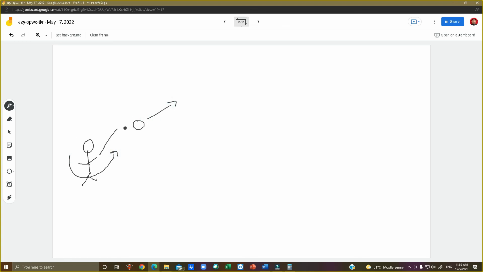A softball is struck by a bat 46 cm away from the axis of rotation. Maksud dia sekarang, dari ujung kayu baseball sampai sini, kita assume the axis of rotation equals to 0.46 meter. Okay, this is the axis of rotation.